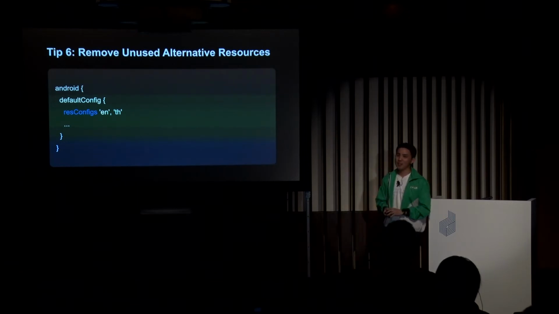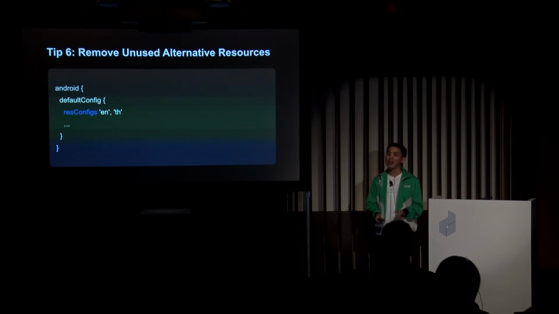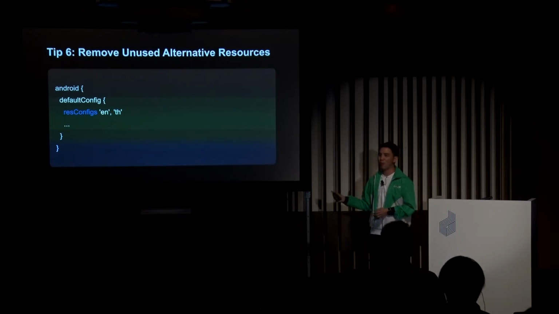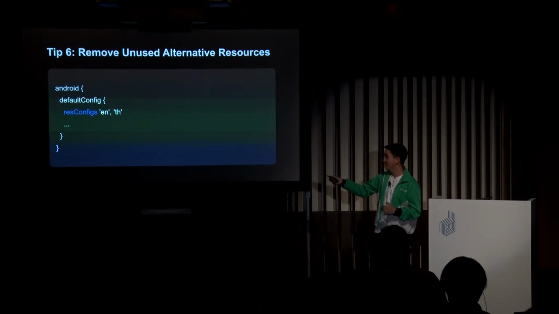So maybe you do not need to include all of them, right? Like Lineman Driver, which is a local innovation and is available only in Thailand. We can specify EN and TH in the resConfigs property in the Gradle file. So this tip will remove other languages that are not in the resConfigs. So your app will be smaller.